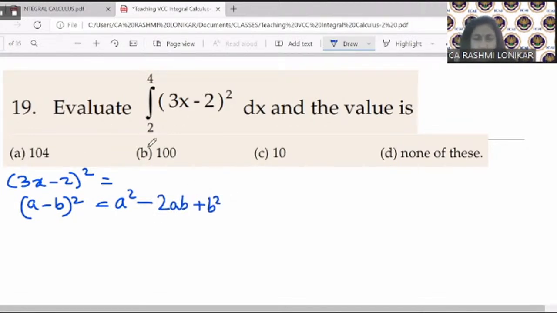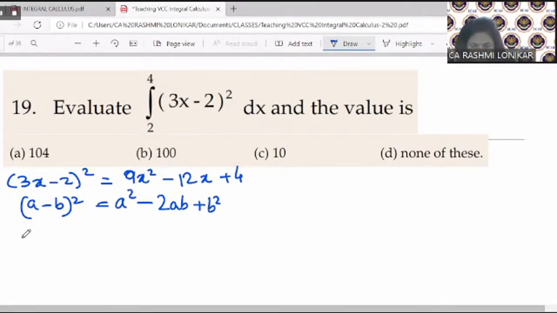We know this formula. So 3x minus 2 whole square will be, 3x will be a and b will be 2. So this is equal to 9x square minus 2 into 2, 4, 4 into 3, 12. So minus 12x plus 4. 9x square minus 12x plus 4.